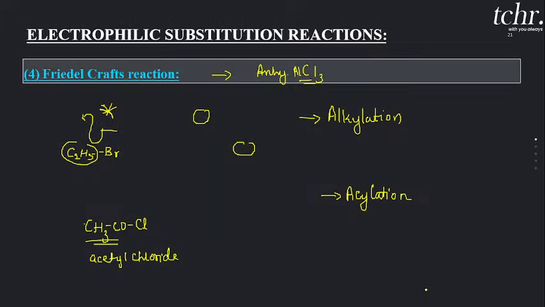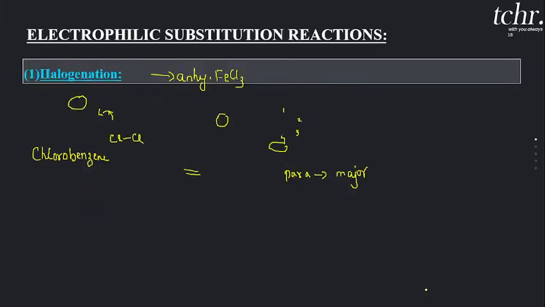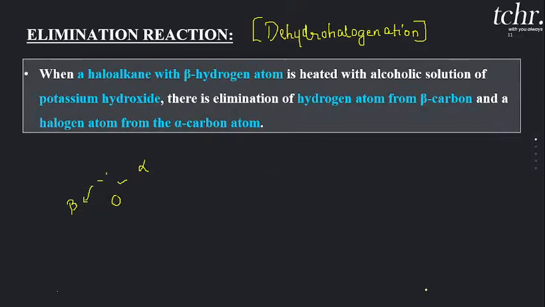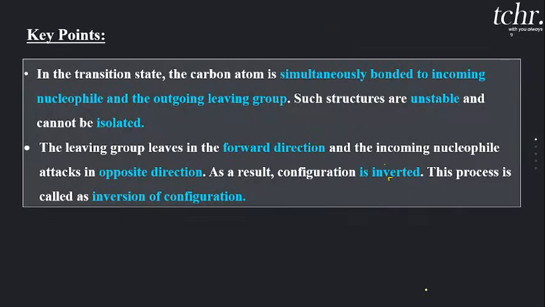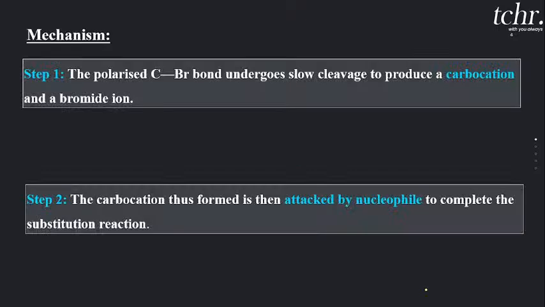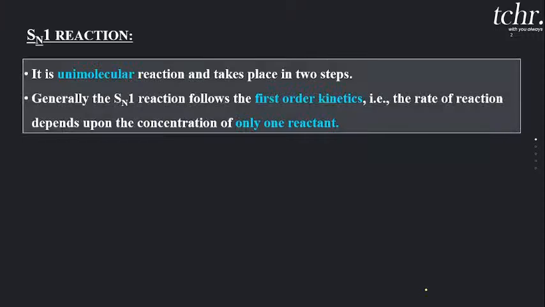So apart from this, other 3 marks question that you can expect, like how to prepare the Grignard reagent and about the Zaitsev rule, the elimination or dehydrohalogenation reaction, SN2 mechanism and SN1 mechanism. So this completes the 3 marks question that must be expecting in your coming midterm, students.